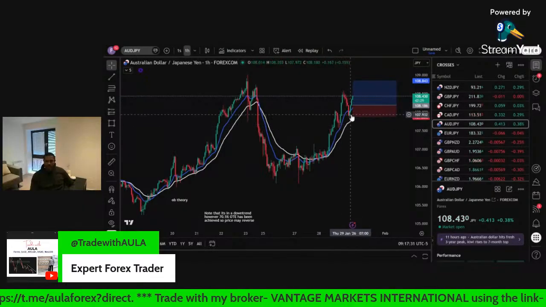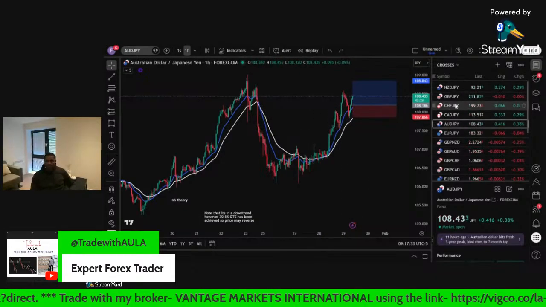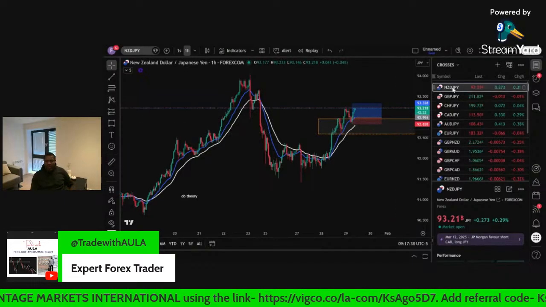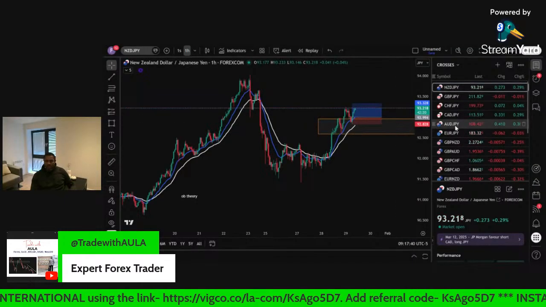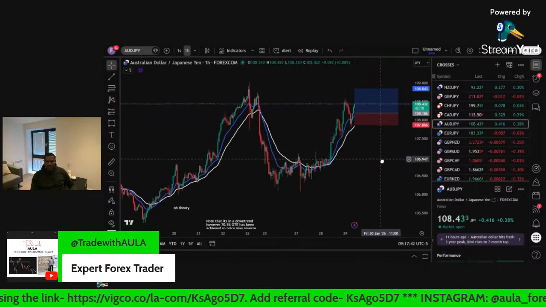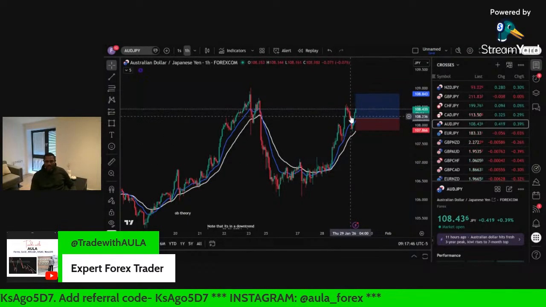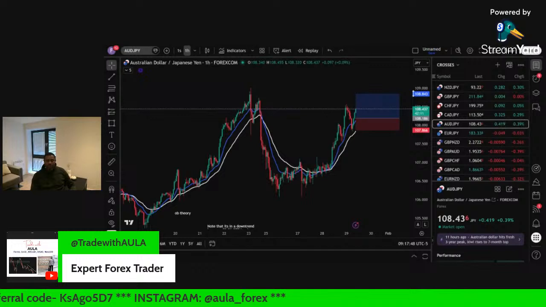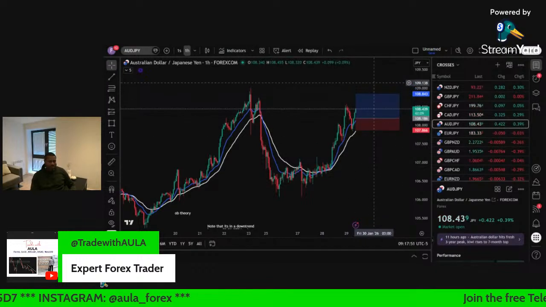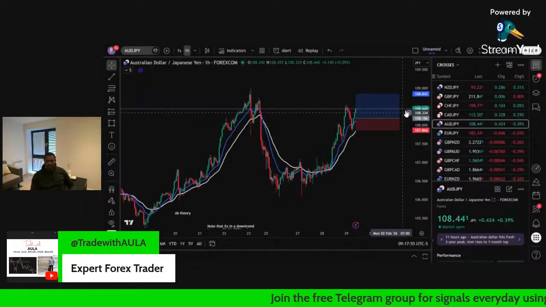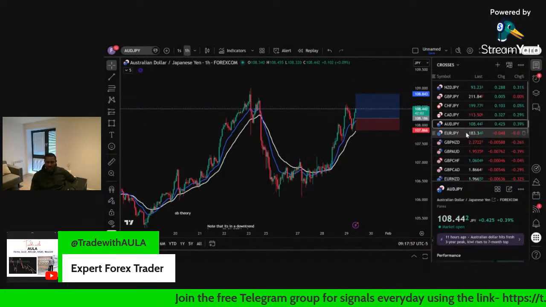Why I look at all of them is, even if this has gone, it has shown its hand, because it moves in sync with all JPY. I just need to quickly look at all JPY, and if it was here, that's a close proximity entry, I could enter. But I will not enter this because we have already gone halfway. Those who are taking profits at 1:1 would have taken profits by now.